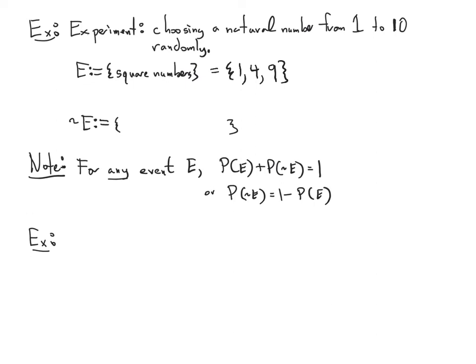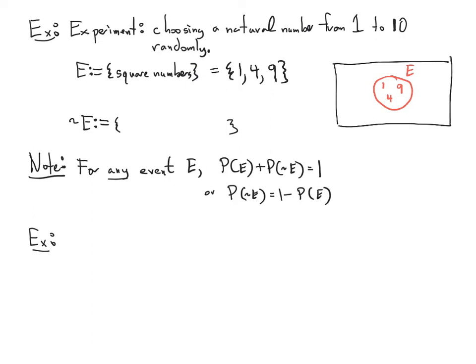We can draw a little Venn diagram here, just so we see what's going on. Here is E. I'll do it in red. We have the numbers 1, 4, and 9 in here. But the other numbers in our sample space are the numbers from 1 to 10 that aren't 1, 4, and 9.